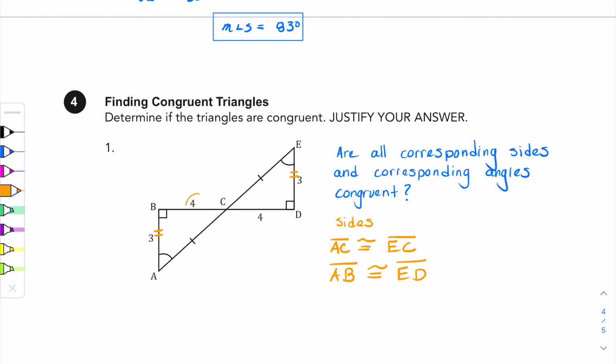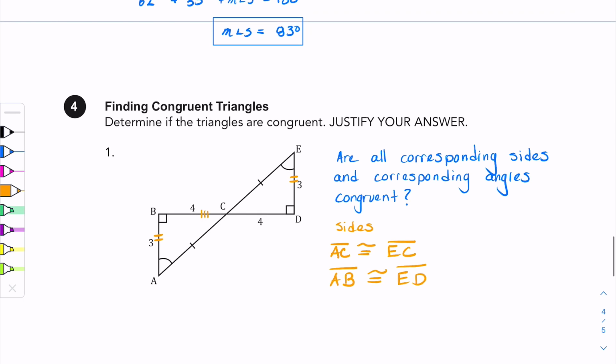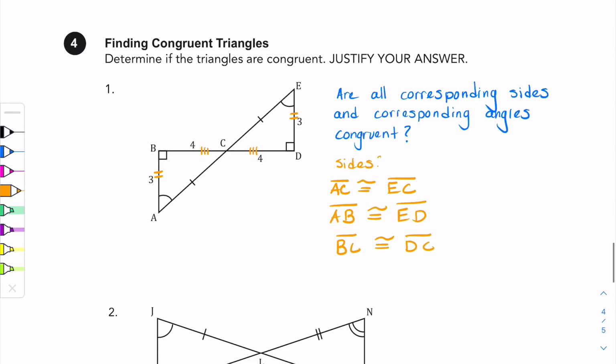And lastly, I see that BC is equal to DC, both have the length of 4. So I can say segment BC is congruent to DC. So here we just proved that all sides are congruent.